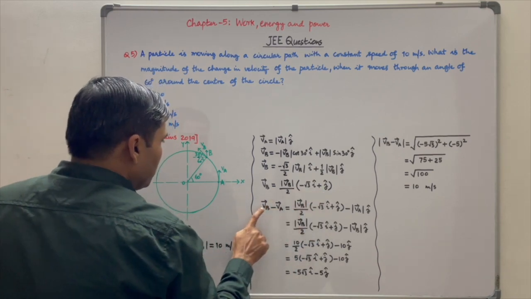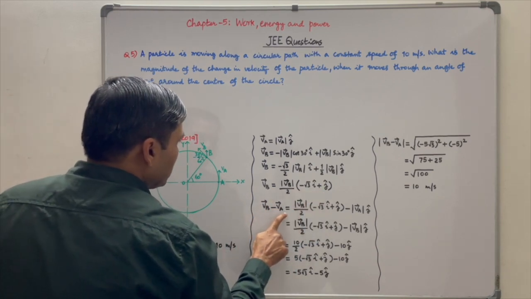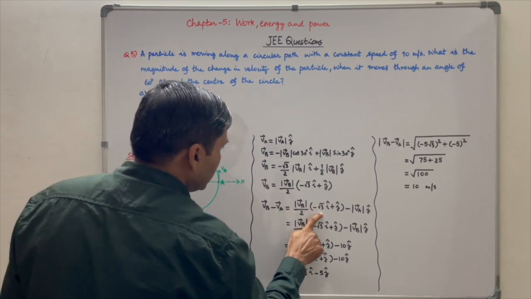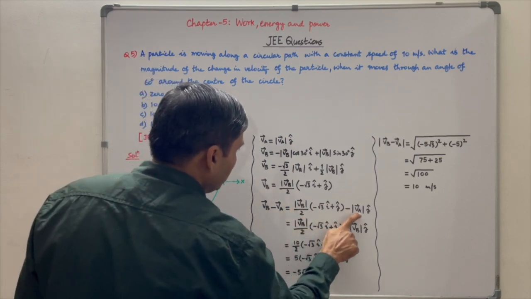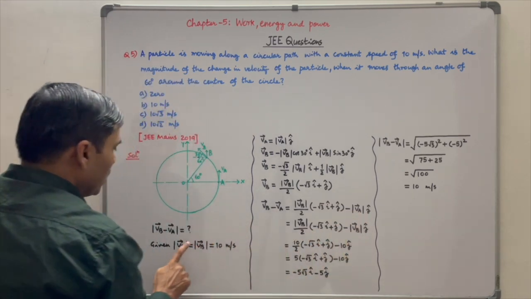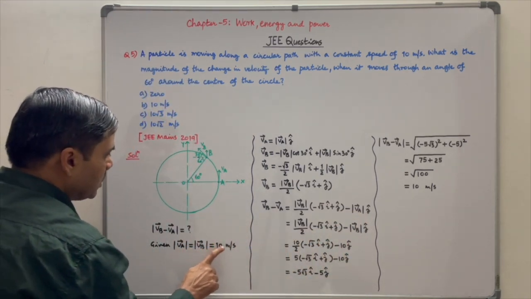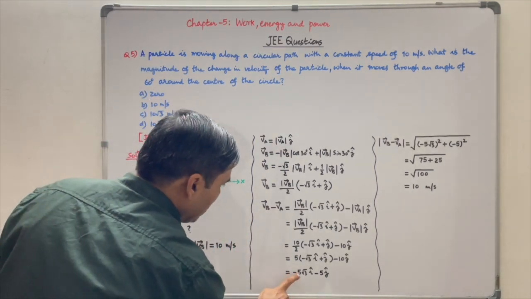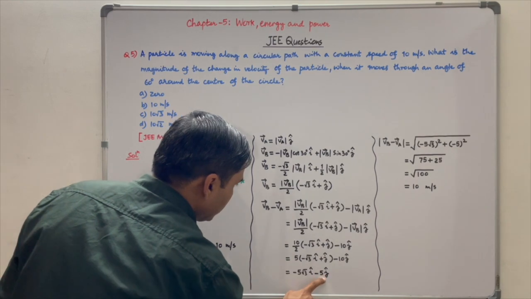So vector VB minus vector VA will be equal to magnitude of VB upon 2 into minus root 3 i plus j minus magnitude of VA j. Put mod VA is equal to mod VB is equal to 10. So VB minus VA can be simplified as minus 5 root 3 i minus 5 j.